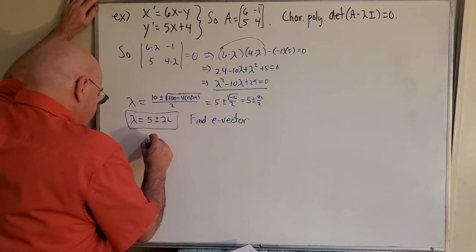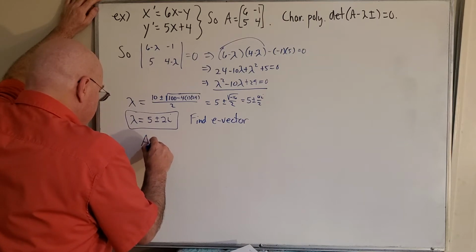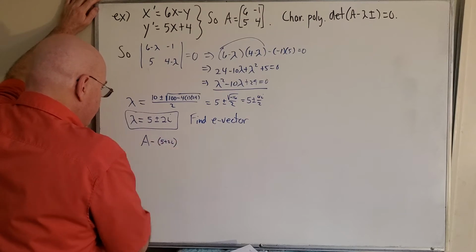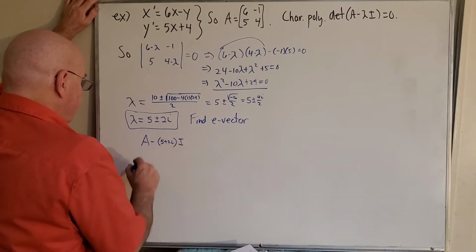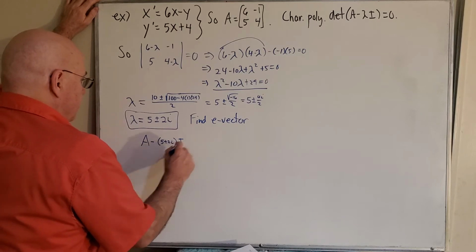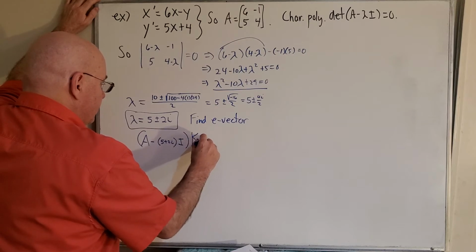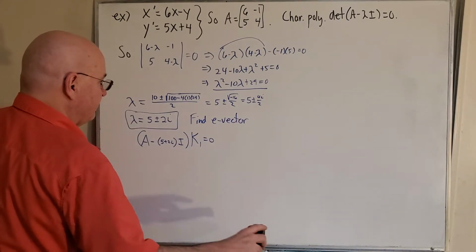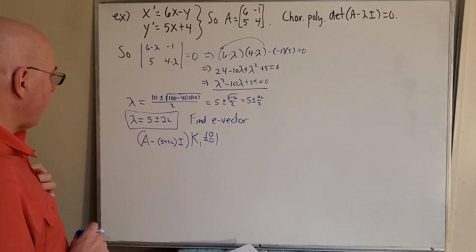So we have to say A minus lambda I, A minus 5 plus 2i times I, times k1 equals 0. And maybe I'll make it obvious that this is the 0 vector. It's the 2 by 2 0 vector.